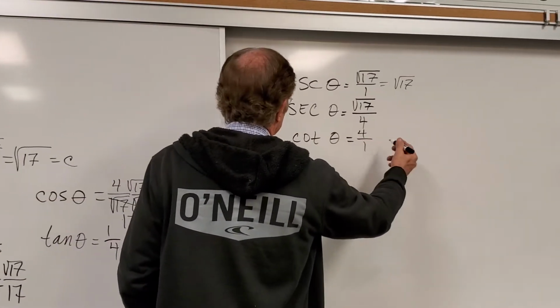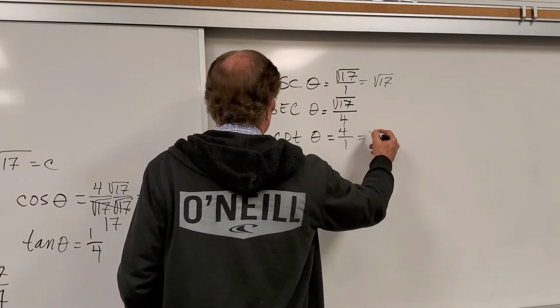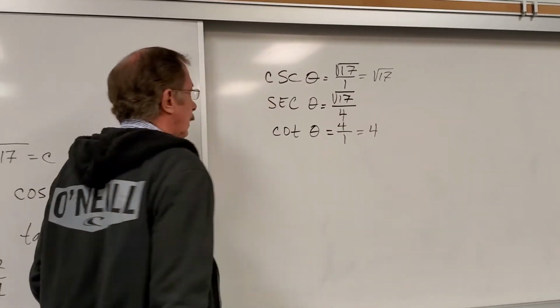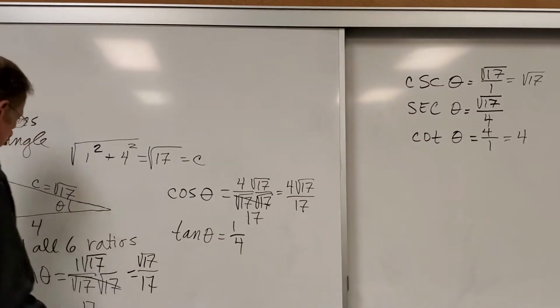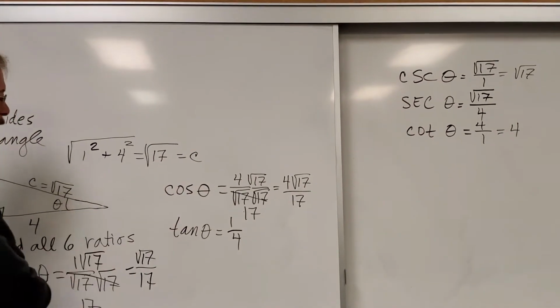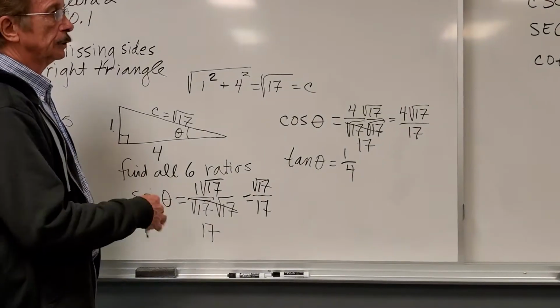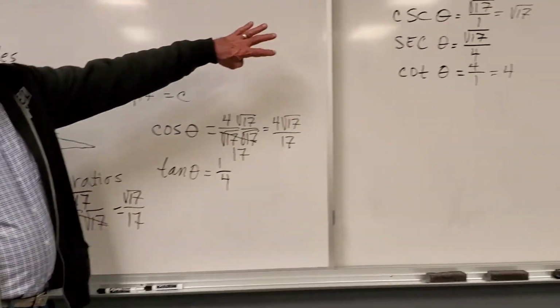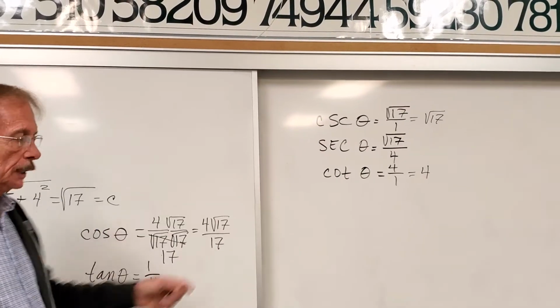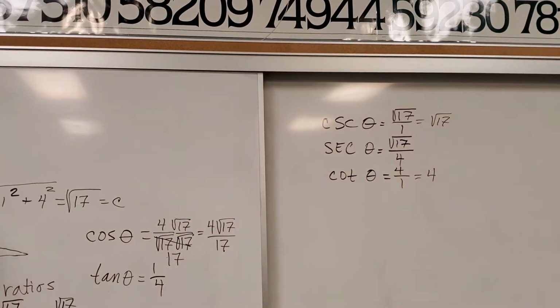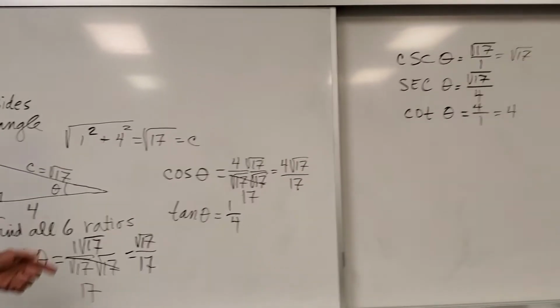But you know we don't need to write that, so your answer here with the cotangent is just 4. So I've written all 6 of them. You discover, first of all though, it takes you a little time to find the first 3. Once you find those 3, it's easy to get at the remaining 3, because you just turn over the answer that you found here.